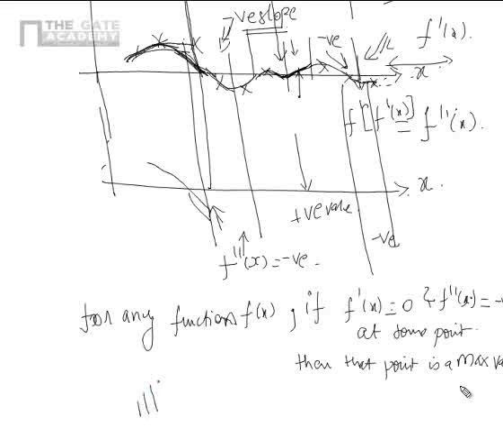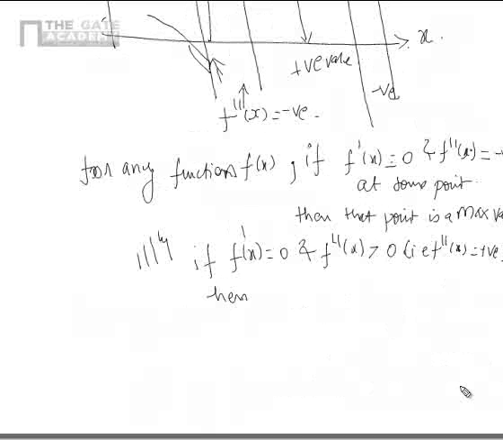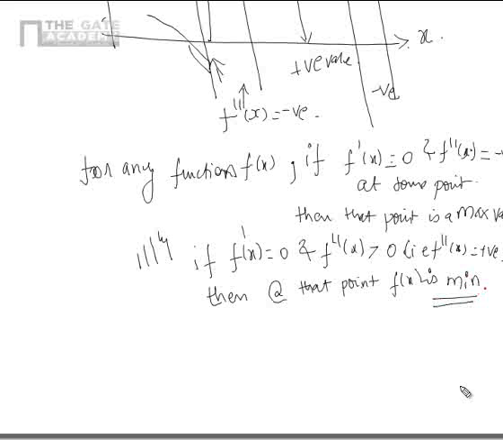Similarly, if f dash of x is equal to 0 and f double dash of x is greater than 0, that is f double dash of x is positive, then we can say that at that point f of x is minimum. This is a very important conclusion.